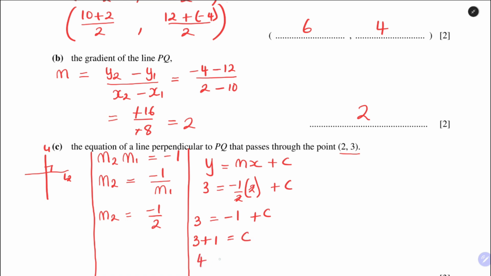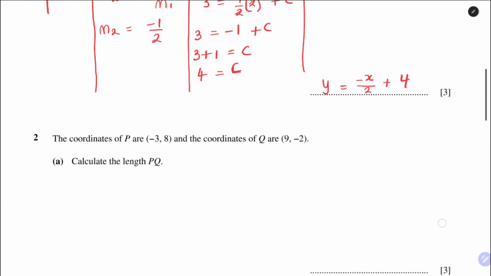So that means our c is 4. So we're going to put all of this together, knowing now our gradient being minus 1 over 2. So the equation of the line that is perpendicular to PQ will be y equals minus x over 2, since the gradient is minus 1 over 2, plus 4.